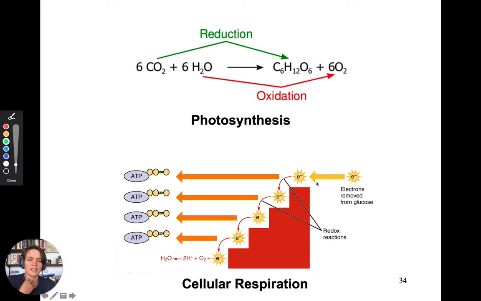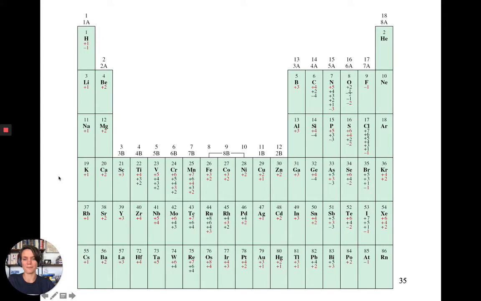So in cellular respiration, you have electrons being removed from more complex molecules and traveling down the electron transport chain until they meet the terminal receptor for cellular respiration, which is oxygen. So life couldn't exist without photosynthesis. We couldn't exist without cellular respiration. Both are redox reactions. Pretty cool, obviously important for you to know.